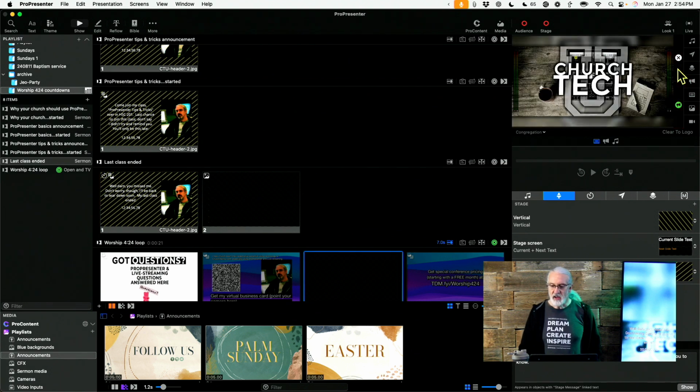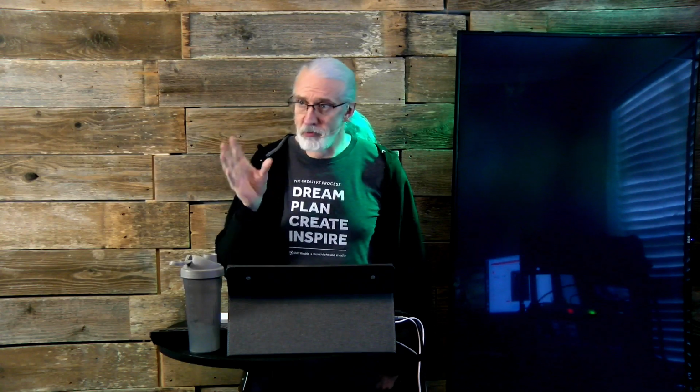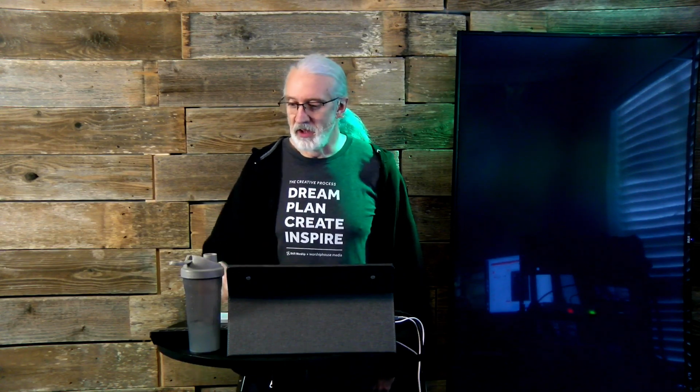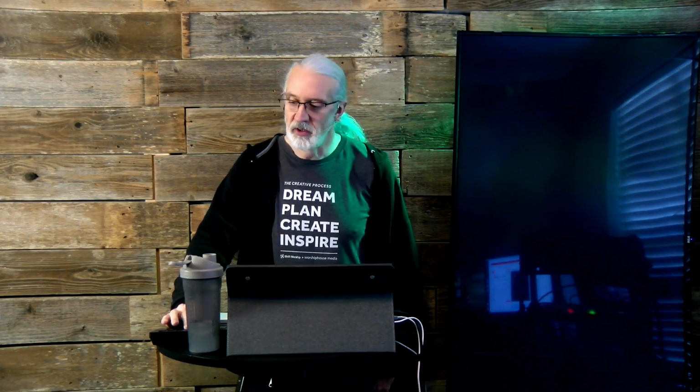So that is how I was able to automatically trigger one slide in the middle of my announcement loop to change. So the rest of it stayed the same, just this one changed. And it also re-triggered some different timers and stuff, and we'll talk about that in another tutorial. But that's something just really cool that you can do with ProPresenter 7. Well, and newer.